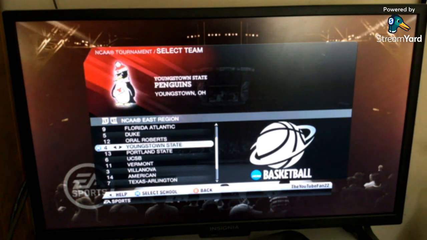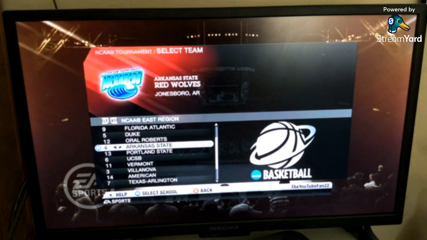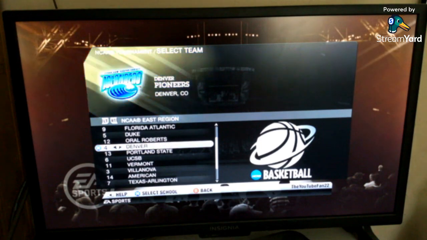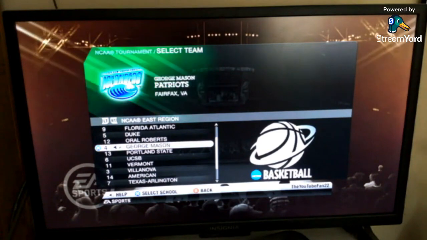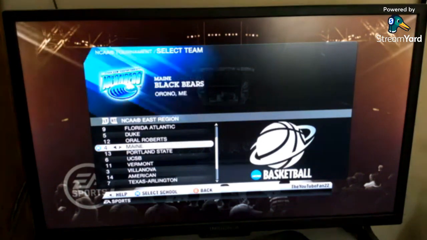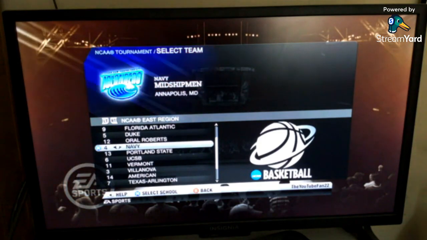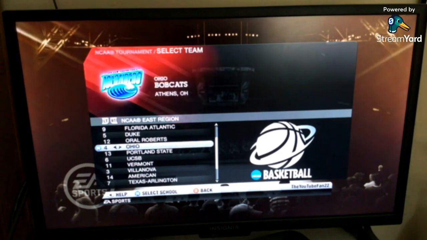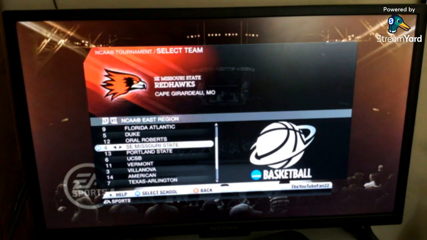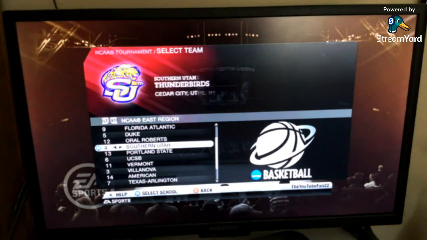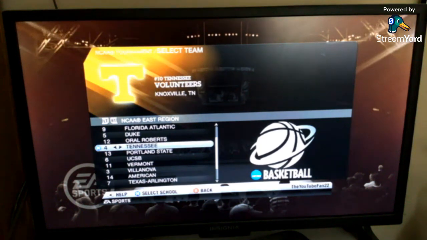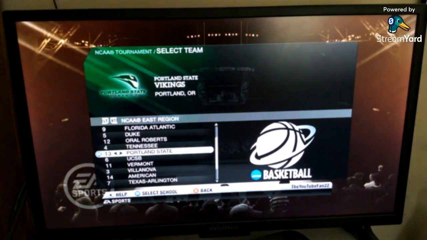Okay. Next up is Tennessee. Arizona State is at number 13, Louisiana. Louisiana Lafayette.